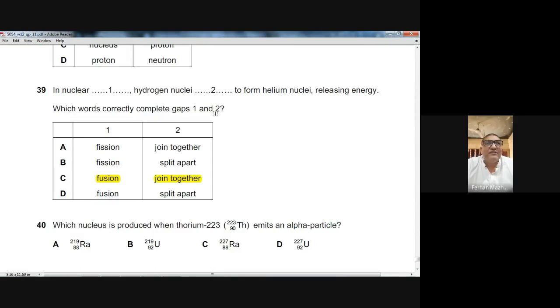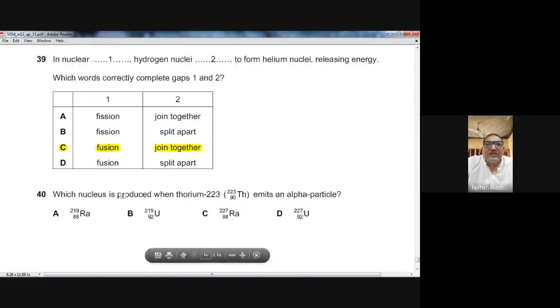Which words correctly complete gap 1 and gap 2? So C is the right option. It's a very famous sentence and very easy. Fusion happens in the stars and on the sun. In this, the small nuclei of hydrogen fuse into each other and make a larger nucleus of helium. So C is the choice. Question number 39, C is the choice.